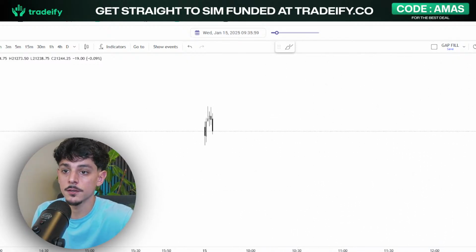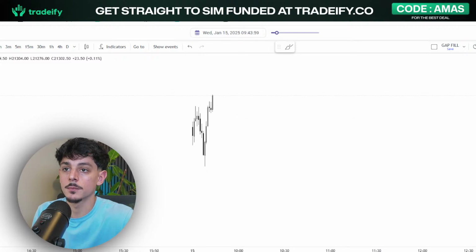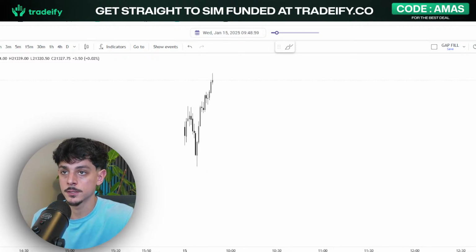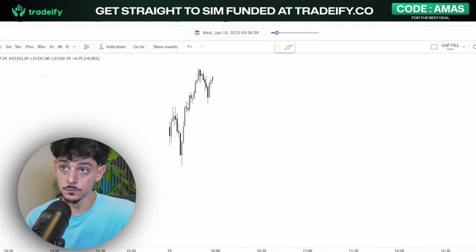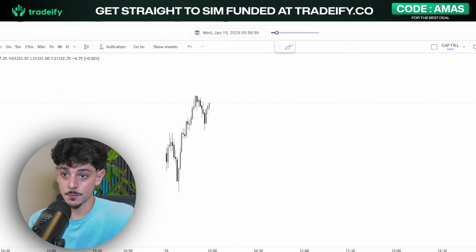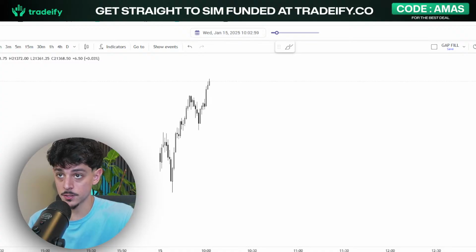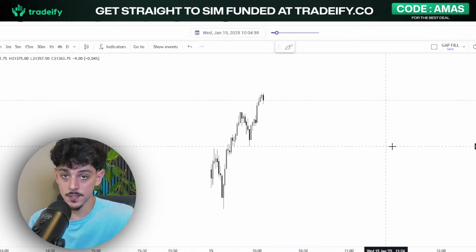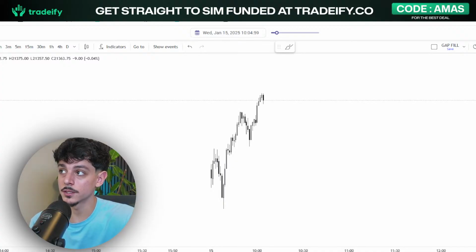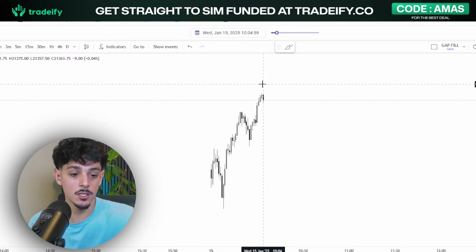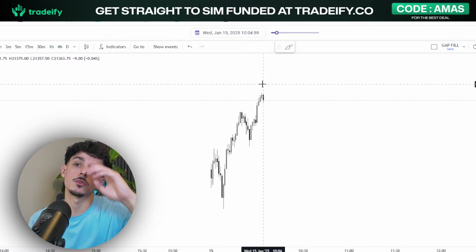No gaps here. Fill the gap a little bit. It's pretty late. It's starting to be late right now, but I would say, if you are at around 10, you could take shorts all the way from there, but at 10:15, I wouldn't be looking for it anymore.